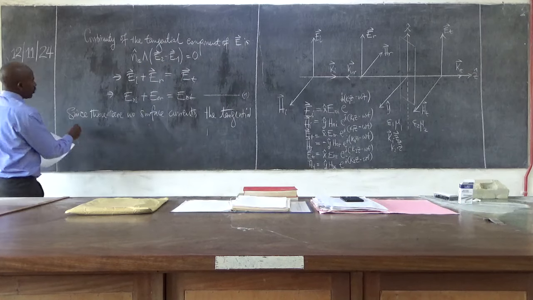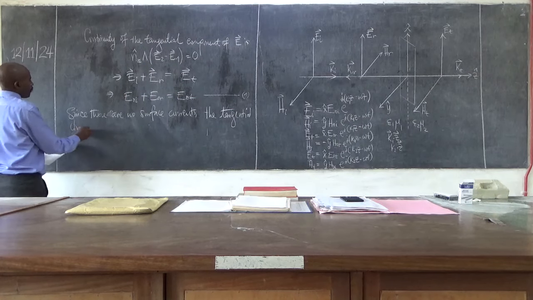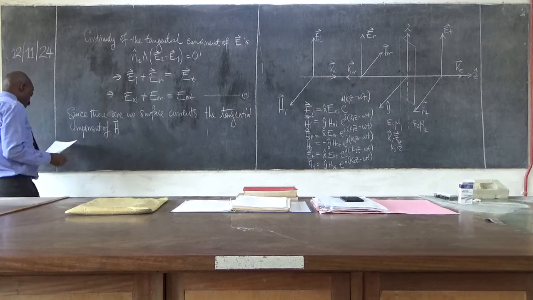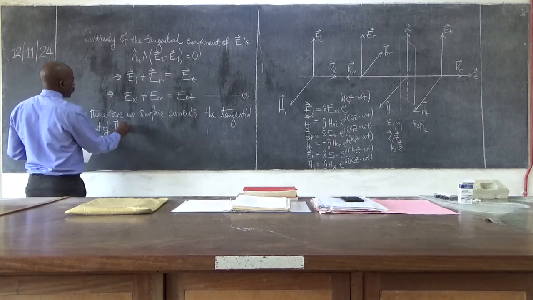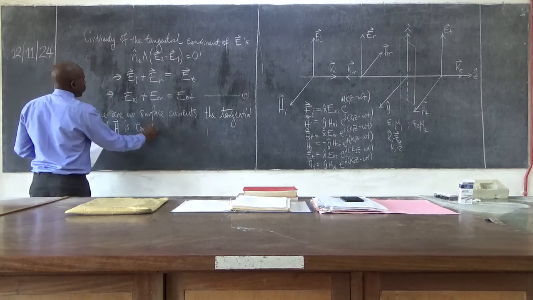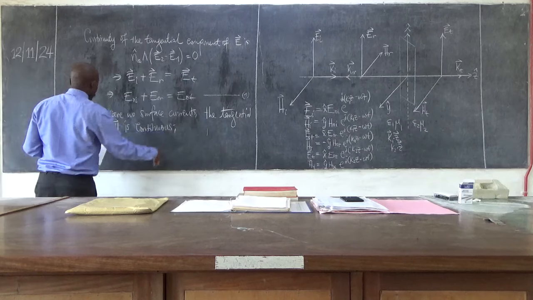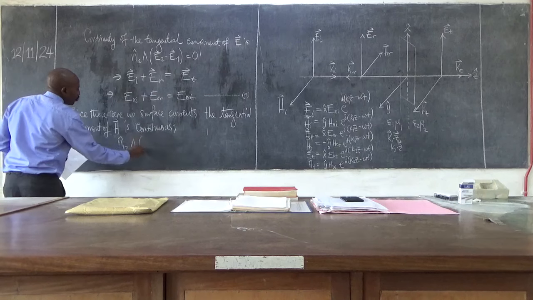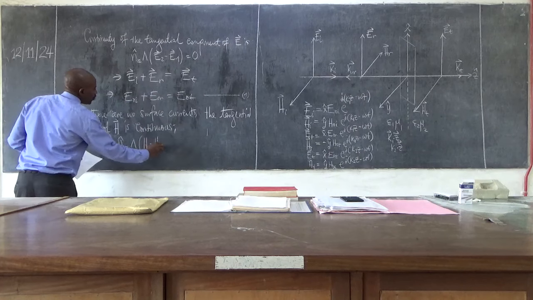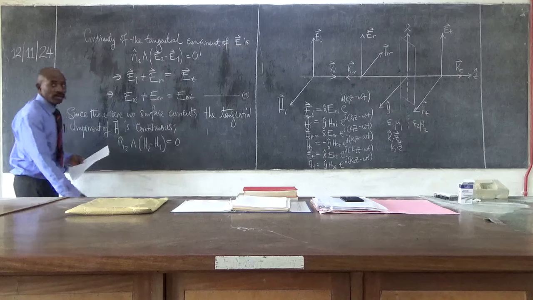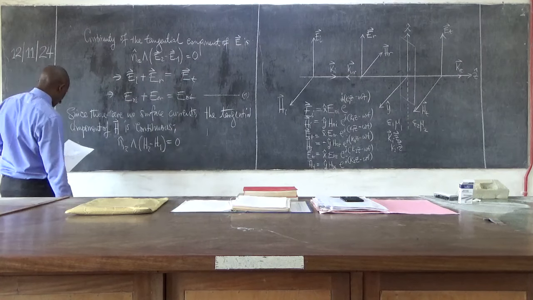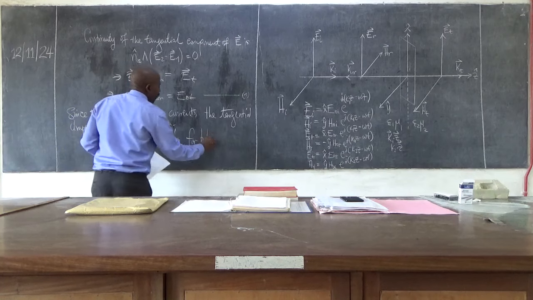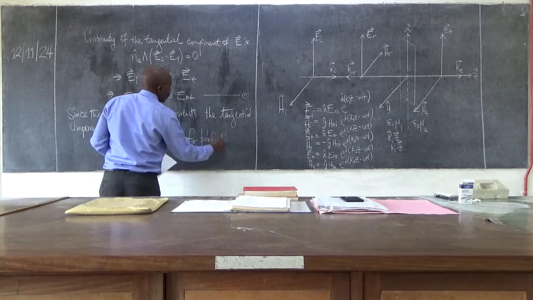Tangential component of H is continuous. If it is continuous, then we shall say that n12 cross H2 minus H1, which should equal Js, is equal to 0. And this will be for perfect dielectrics.